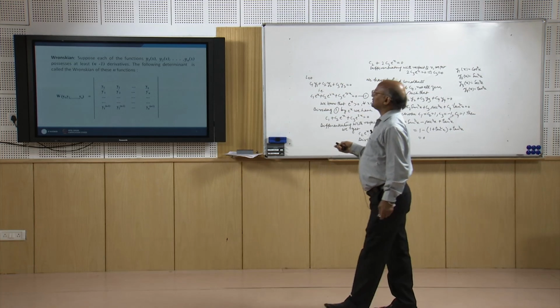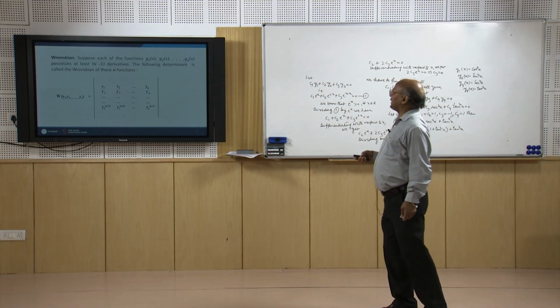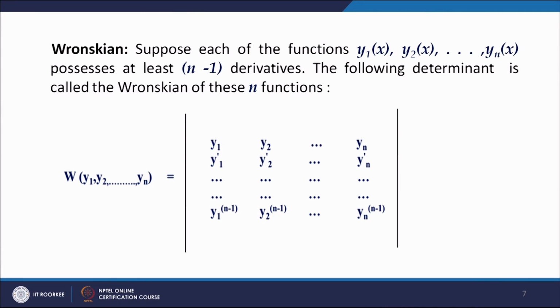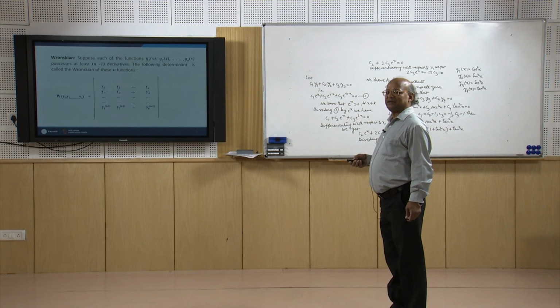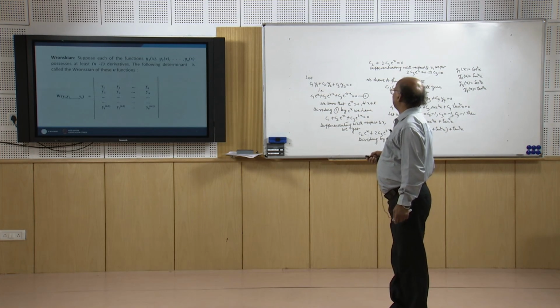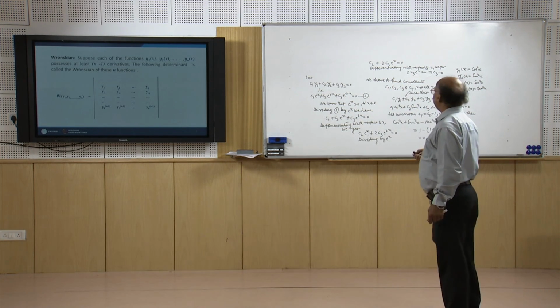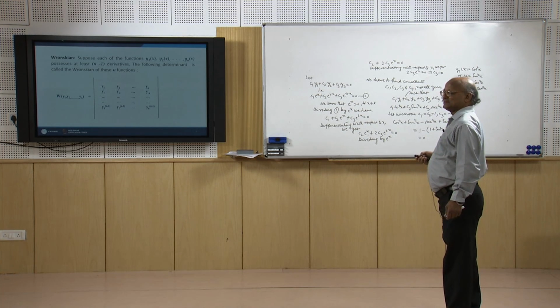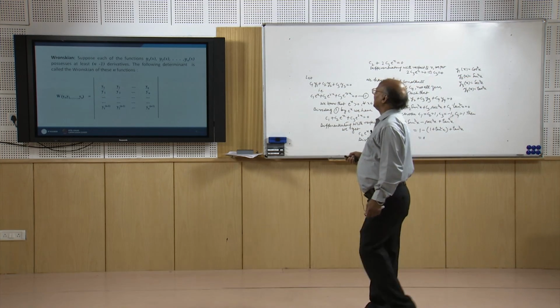Now, let us consider n functions. So suppose we have n functions y1(x), y2(x), ..., yn(x). We have seen while doing these examples that it is not easy to check linear dependence or independence by finding the constants C1, C2, C3, C4 and so on.